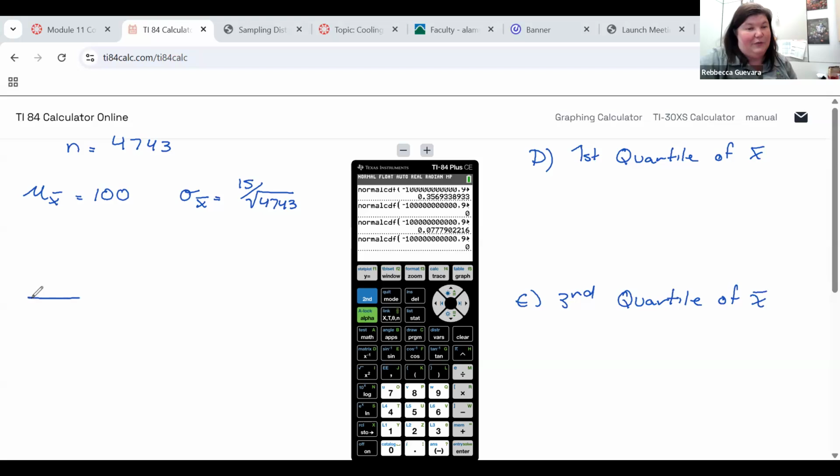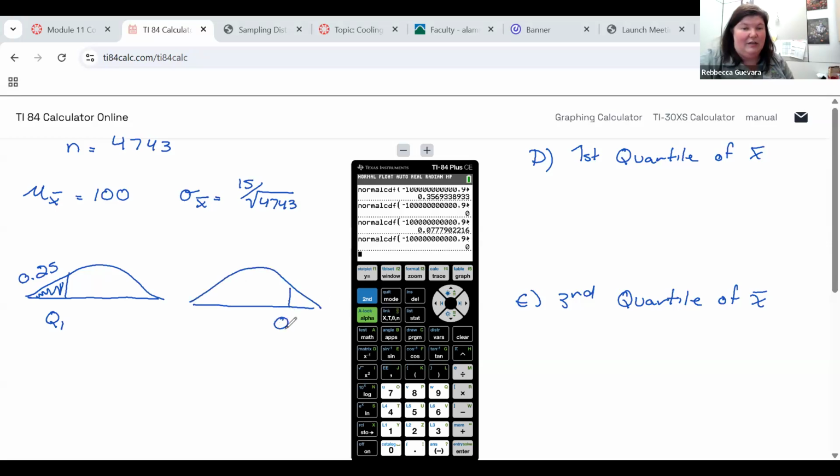So what we're looking at from our first question is, you remember quartiles split the data into the bottom 25 and the upper 75. So wherever Q1 is, the area below it is 0.25. If we're talking about my third quartile, that's breaking up the bottom 75 from the top 25, so the area below it is going to be 75%.